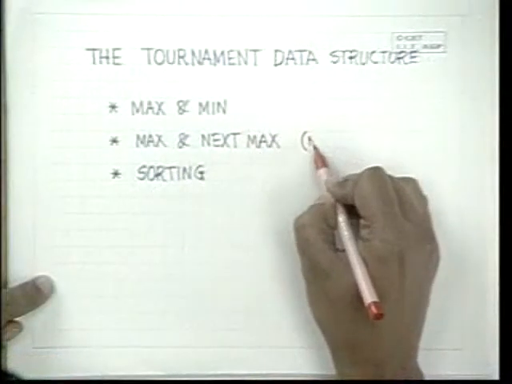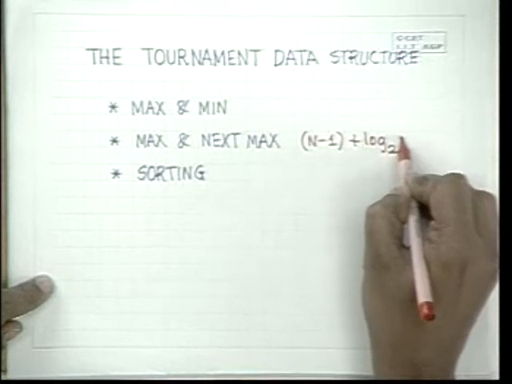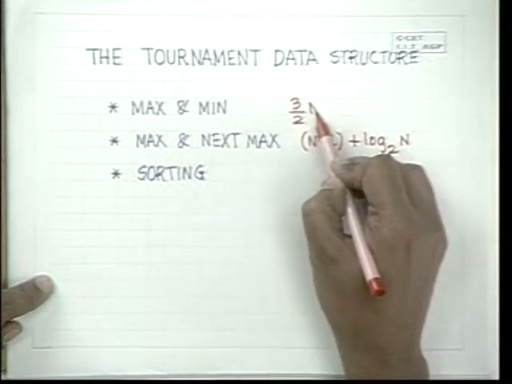So we have seen now how to find the largest and the second largest element in a much more efficient way in time, which is n minus 1 plus log 2n, and this one we saw it is something like this.